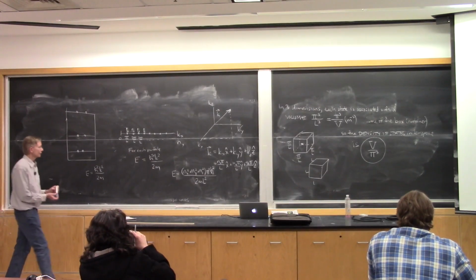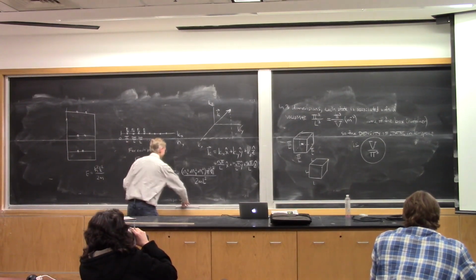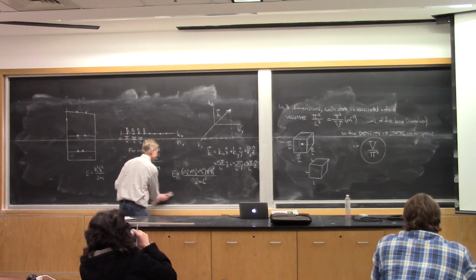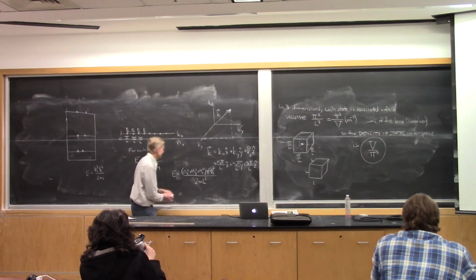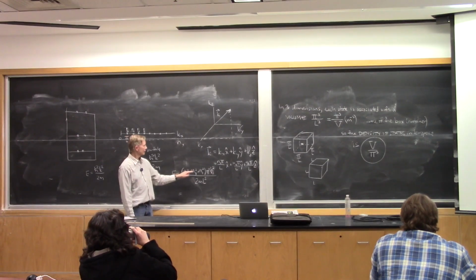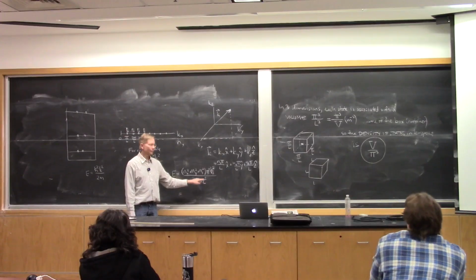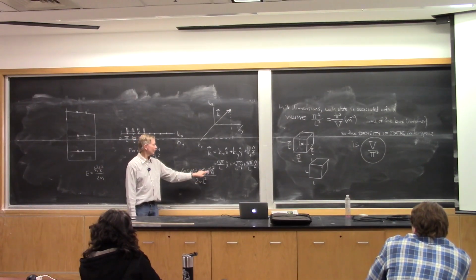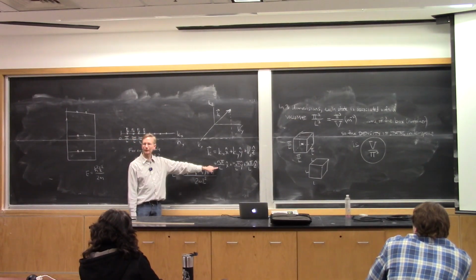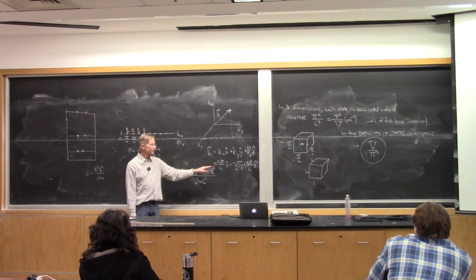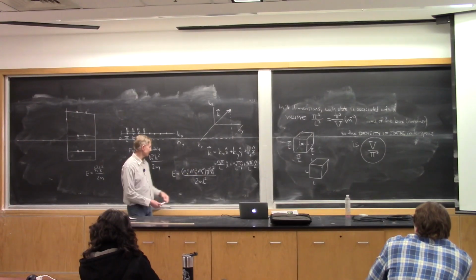But how can I write this in terms of kx, ky, and kz? What is nx squared pi squared over L squared? That's k sub x squared. And similarly for y and similarly for z.